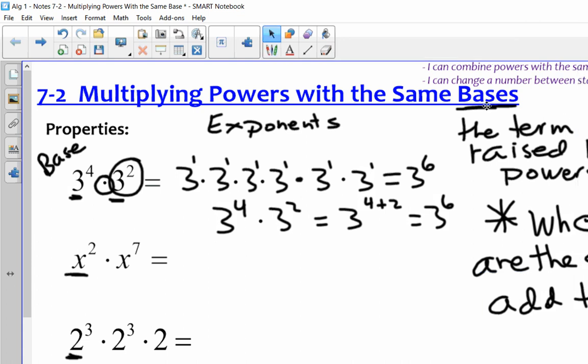It's really important that we understand how that rule will work. It's only when they are the same that I can put them together. We'll look at what happens when they're not the same. And we're going to leave it in this form. There are times where we might have to actually multiply that out, but 3 to the 6th gets me like 600 and something.